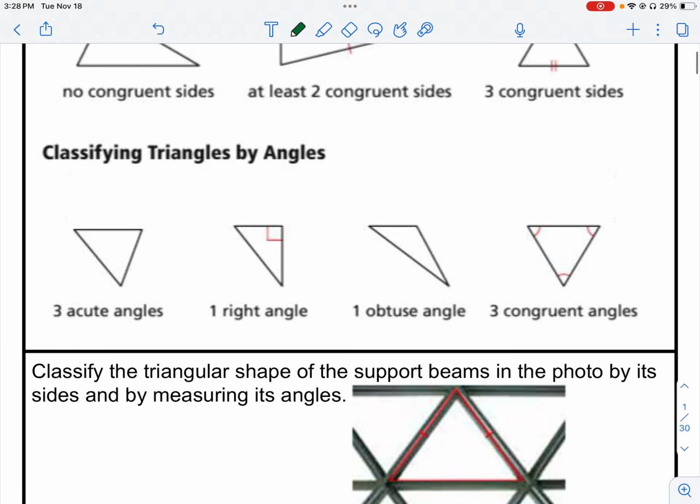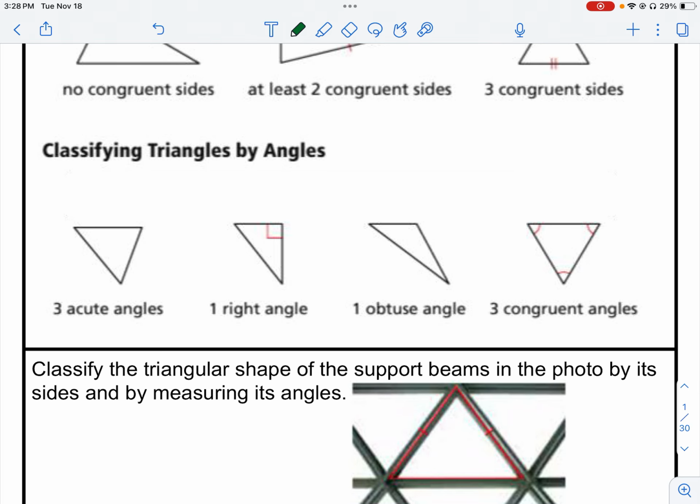When we classify triangles by angles, it becomes pretty obvious pretty quickly. If we have all acute angles, it's an acute triangle.